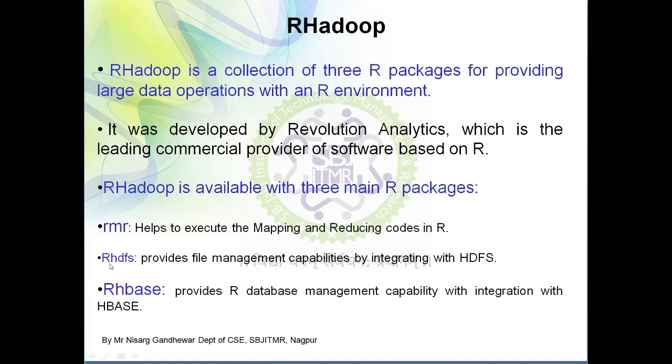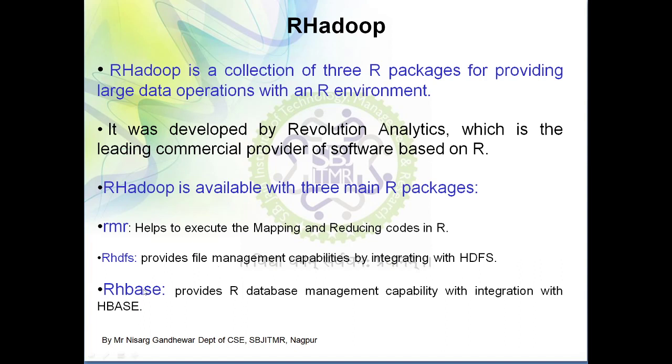Then one more package is available, that is RHDFS. It provides file management capability by integrating with HDFS, which is the Hadoop Distributed File System. In order to make use of Hadoop distributed file system capability, we have to use the package called RHDFS. The last one is RHBase.